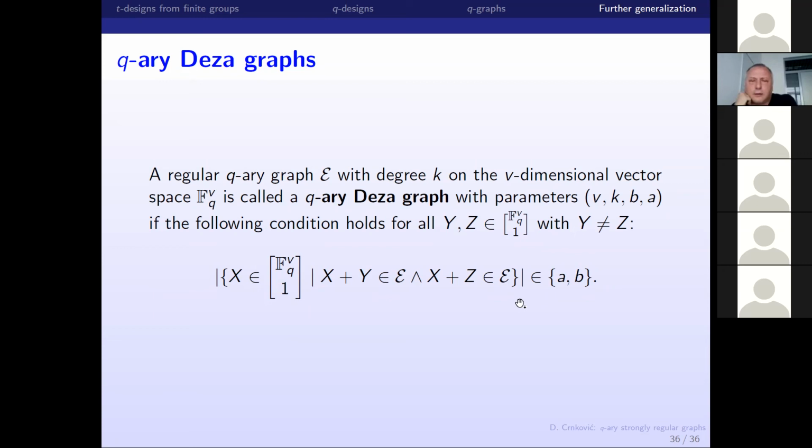We didn't do much here, but of course it is possible to see if graphs defined in this way also have properties similar to the ordinary case.